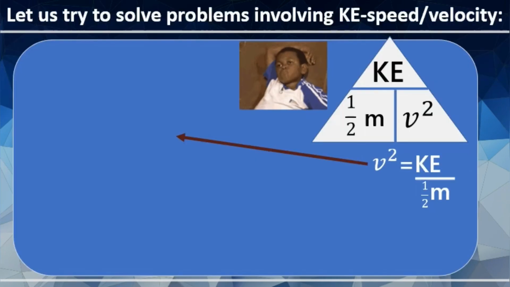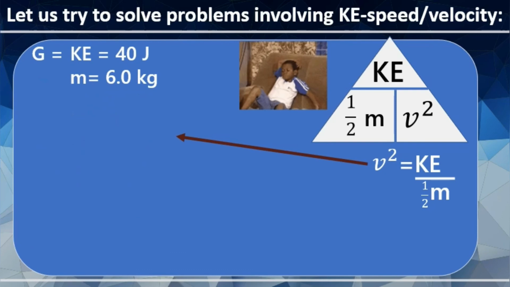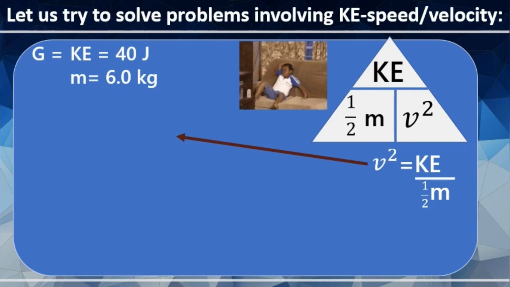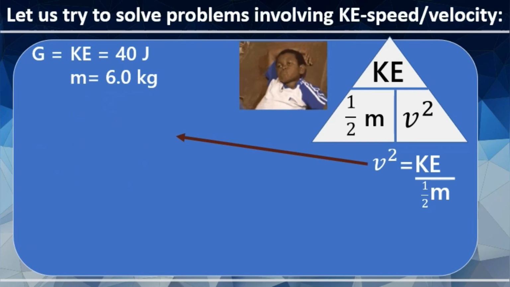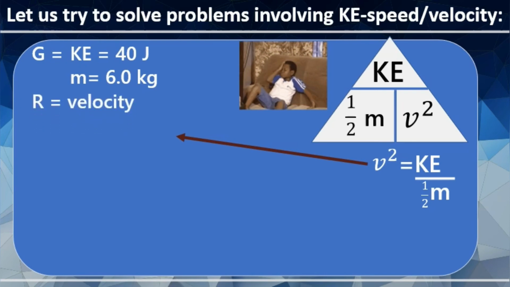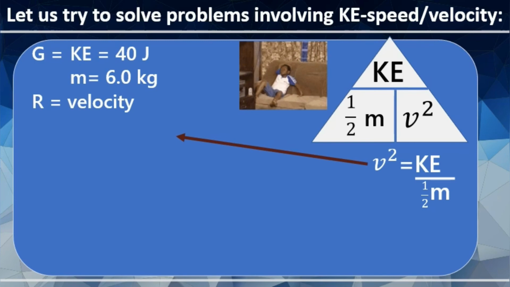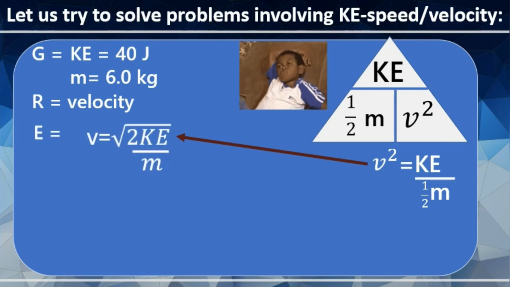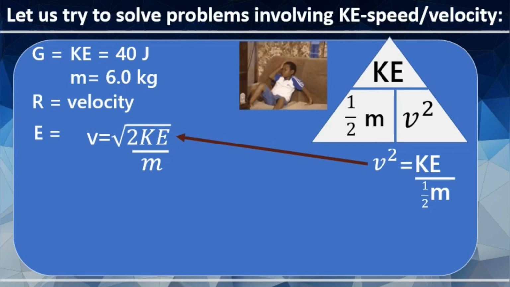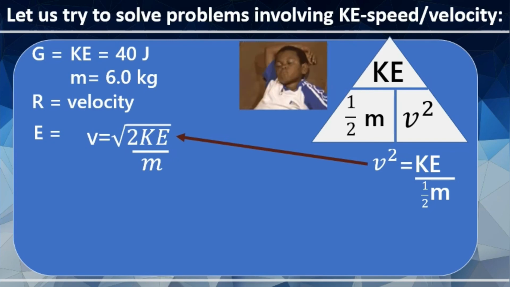The solution. So again, the given are KE equals 40 joules, m equals 6.0 kilogram or the mass. Then the required of course is the velocity. Equation. So again, let us have here the triangle method.